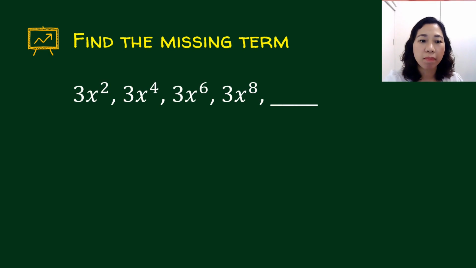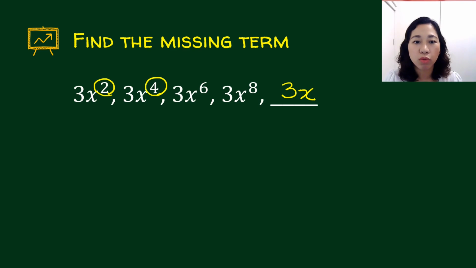Next, find the missing terms. Okay, so take note here that actually you can just look at the patterns. All of them start with 3, right? And then they have x. But what happens to the exponents? 2, 4, 6, 8. What happens to the exponents? It gets added by 2. Just the exponents, right?